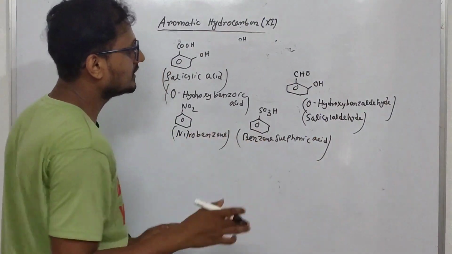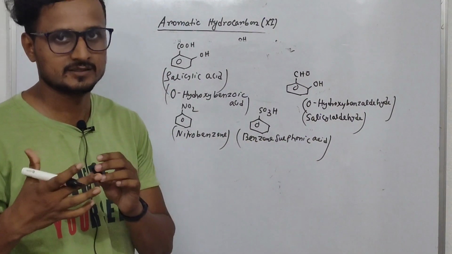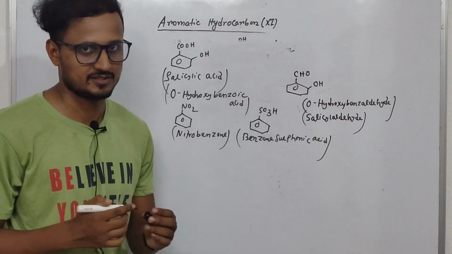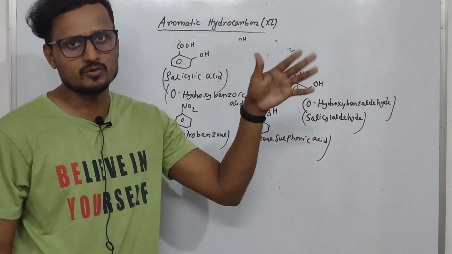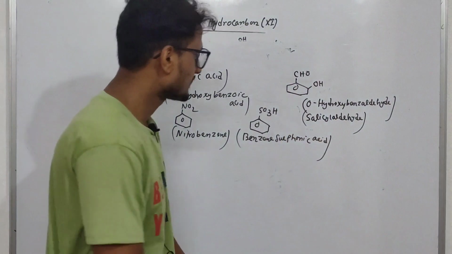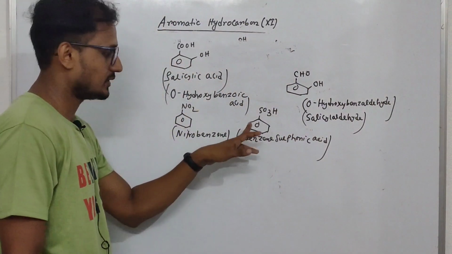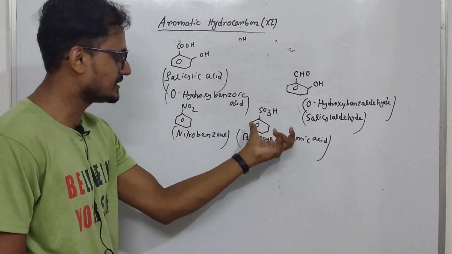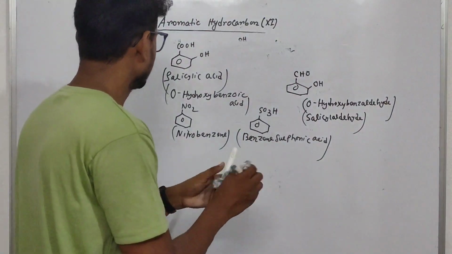We have to read all the names, as much as we can memorize. This video is continued from the previous video where I gave some of the naming. So this will be benzene sulfonic acid, benzene with SO3H.